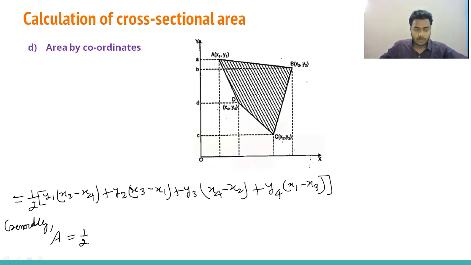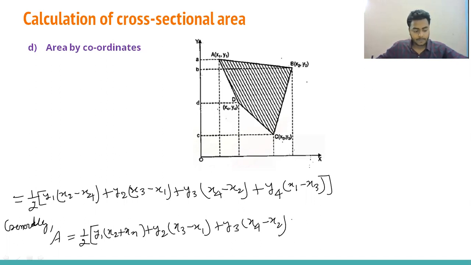So 1 by 2 into y1 into (x2 minus xn) plus y2 into (x3 minus x1) plus y3 into (x4 minus x2), up to yn into (x1 minus xn minus 1).